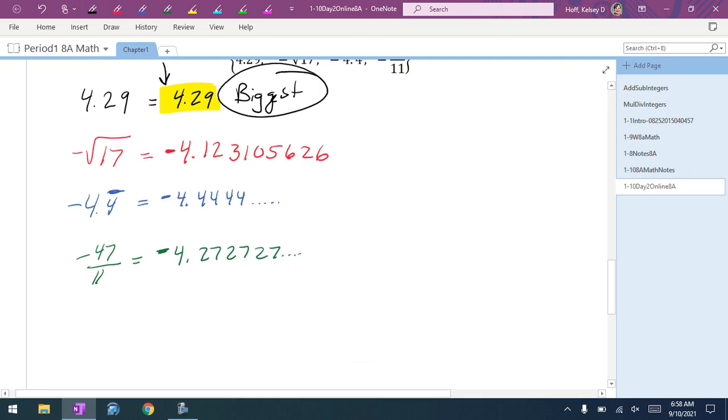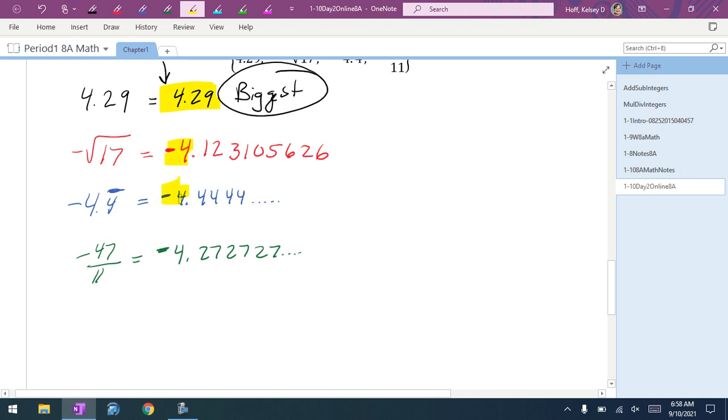Now be careful with negative numbers. Negatives are goofy. The bigger the number, the smaller it actually is with negatives. Okay? So right away we notice these all say -4, which are all the same. Then we have a 1, a 4, whoopsies, a 4, and a 2.